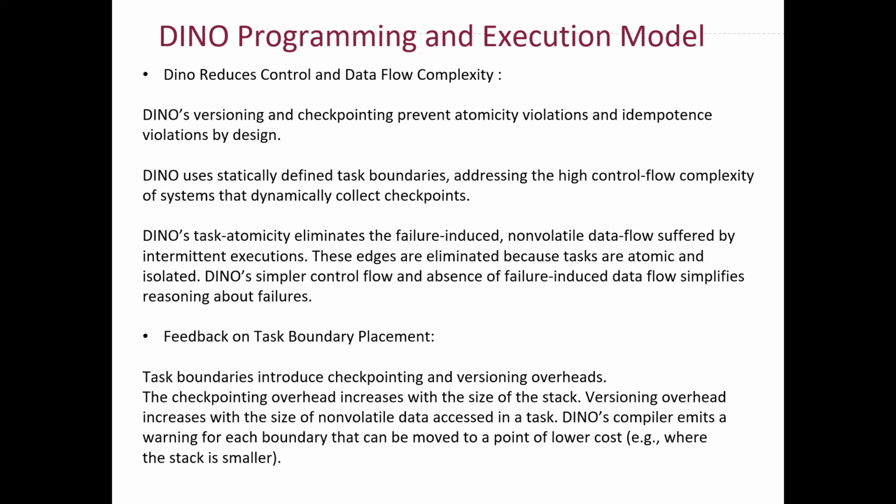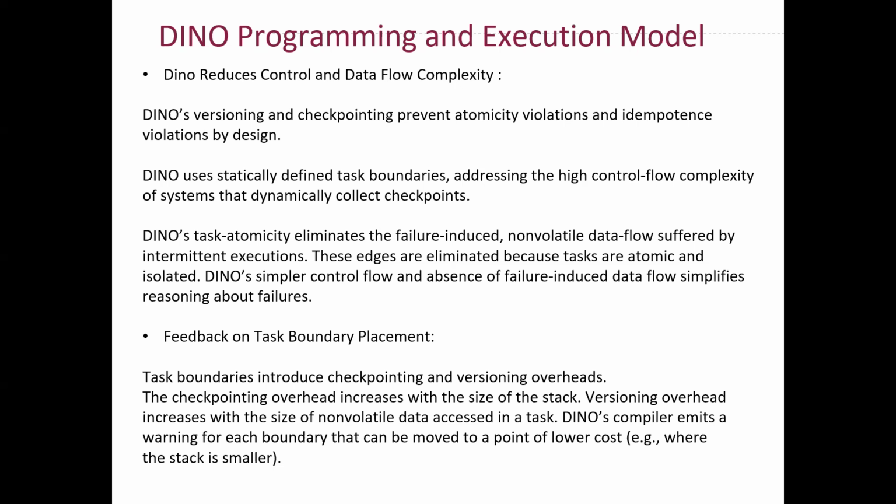And with Dino, this edge can only point to another task. So in a non-Dino environment, you might have multiple outputs going away from a node, but with Dino, you only have outputs that are going to other task boundaries.